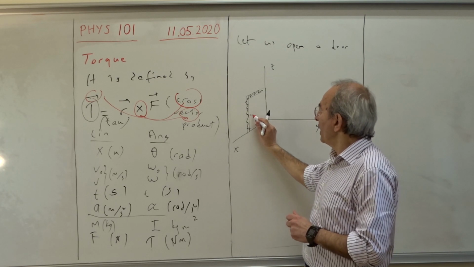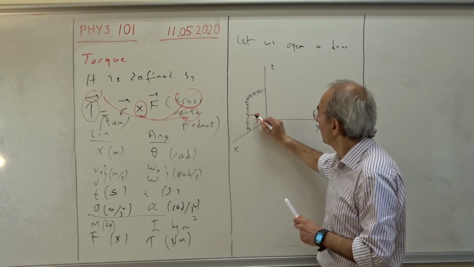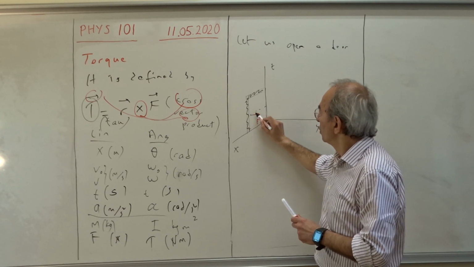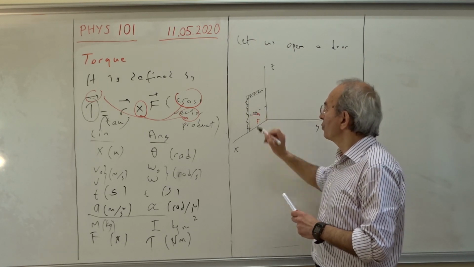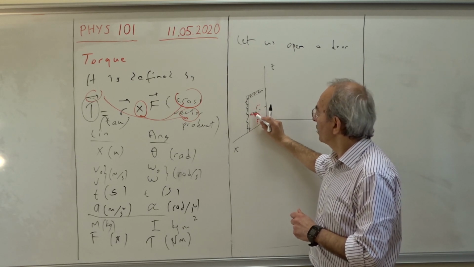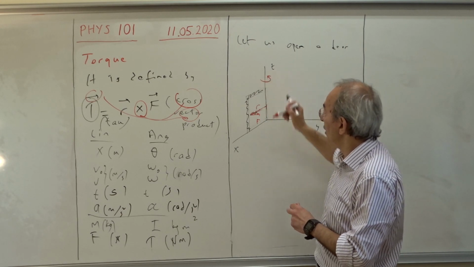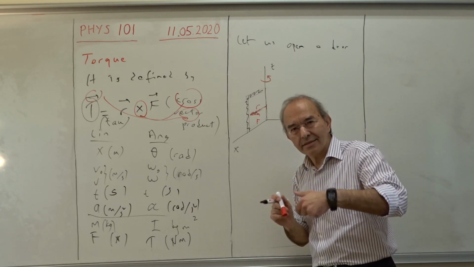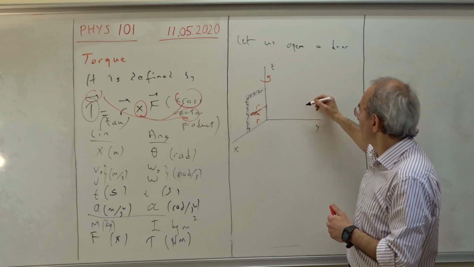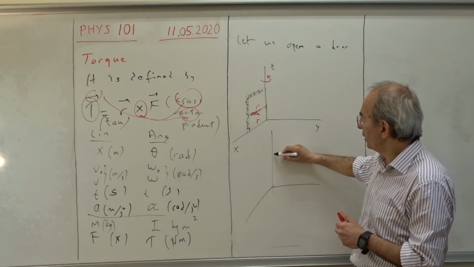So if we apply a force to it, your force should be at right angles to this axis, and that is the radius r from the axis, because it can rotate around the z-axis.